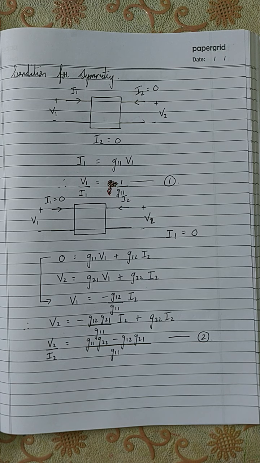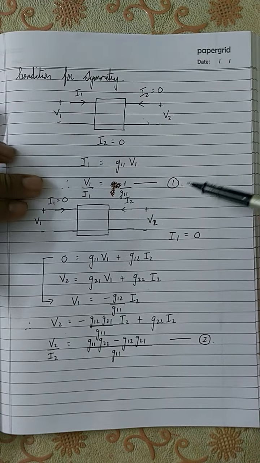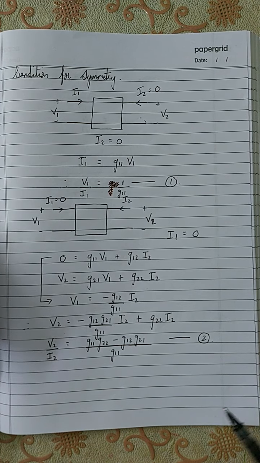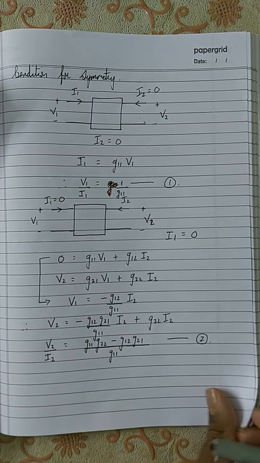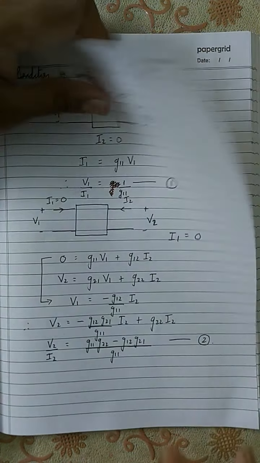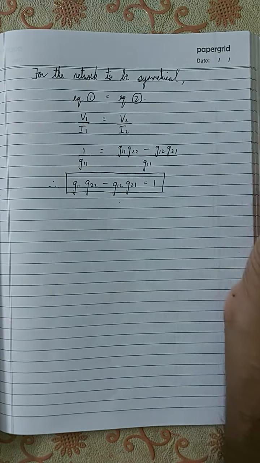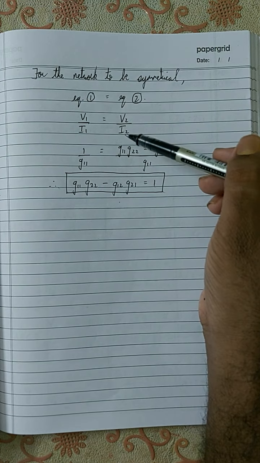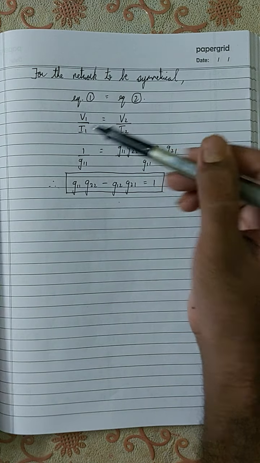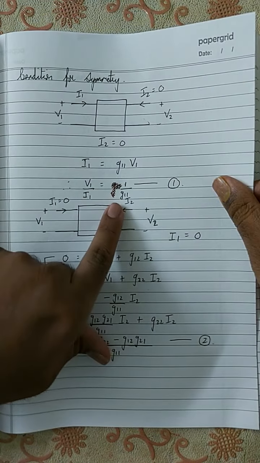Now for a network to be symmetrical, equation 1 must be equal to equation 2, or the V1 by I1 of the first case must be equal to the V2 by I2 of the second case. We all know V1 by I1 is 1 by G11.